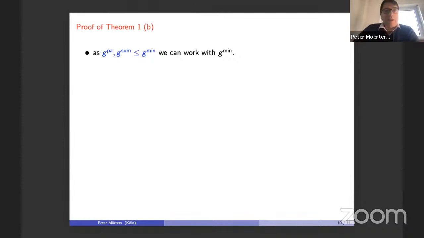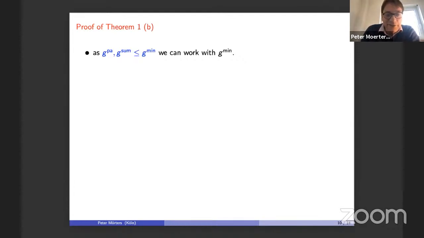So I've singled out the preferential attachment, the sum, and the min kernel as particularly interesting. But there is some order between them, and for the non-existence of the subcritical phase, it's enough to work with the largest kernel, because this has the fewest number of edges.